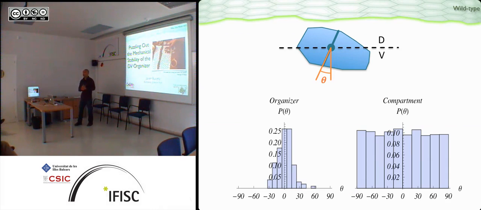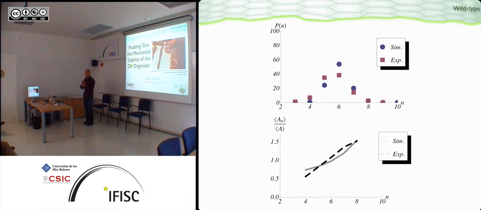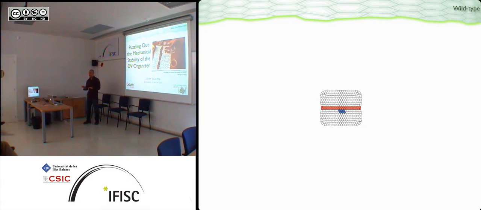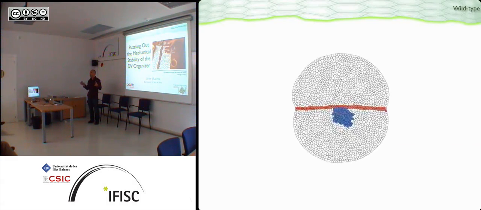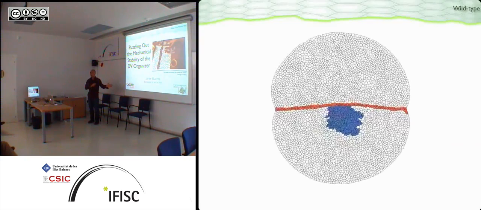And as you will see, that particular region is committed to keep segregated two different groups of cells that are the so-called compartments. I will explain in more detail everything. The important thing, as you will see, is that the DV organizer scales, when it's growing, that tissue scales differently than the other parts of the tissue.